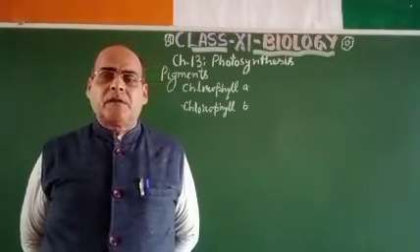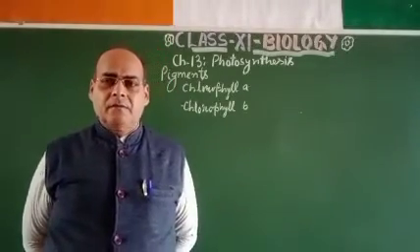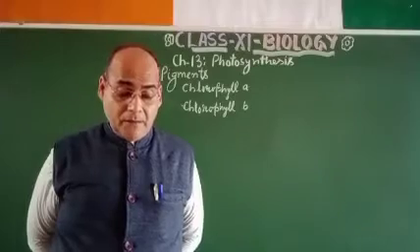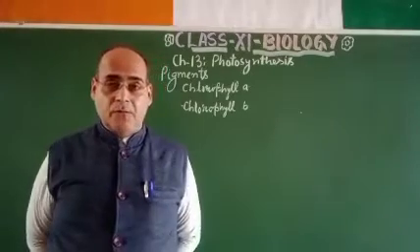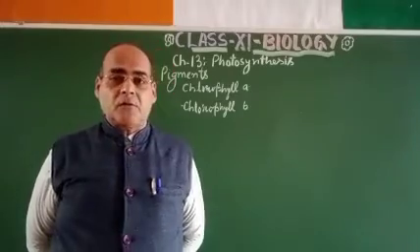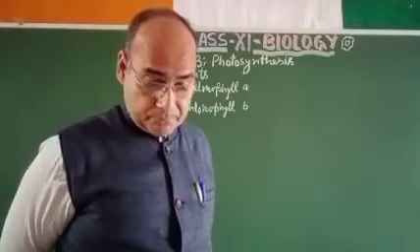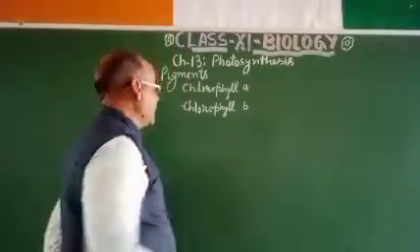These are the pigments which are found in the plastid, and they are for different purposes. But my dear student, chlorophyll A and chlorophyll B facilitate the process of photosynthesis.